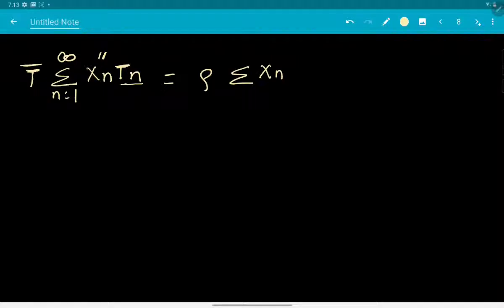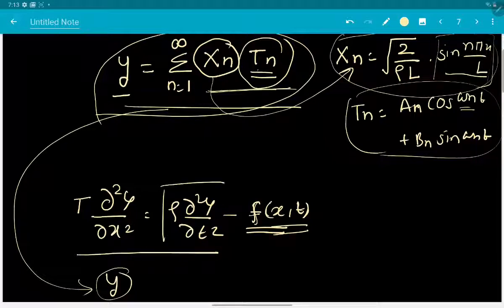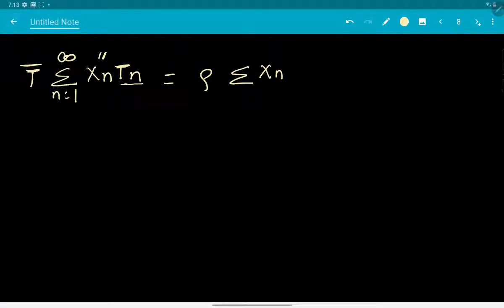Now in this equation you have del square y by del t square, so you have the partial derivative of y with respect to time. Obviously xn will not be differentiated, and what is going to be differentiated is this Tn, differentiated with time. To show that it is a second derivative in time, I am putting these two dots. This is the convention that we generally follow.